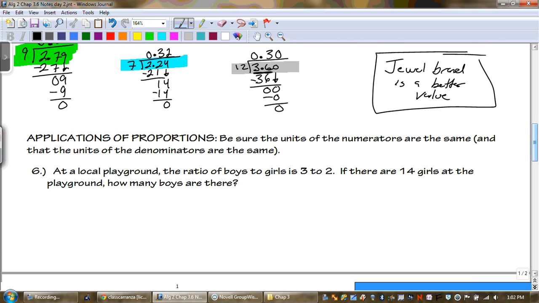Applications and proportions. So be sure the units of the numerators are the same and the units of the denominators are the same. Okay, we've got to be very careful with this. Now, at a local playground, the ratio of boys to girls is 3 to 2. If there are 14 girls, they want to know how many boys there are.